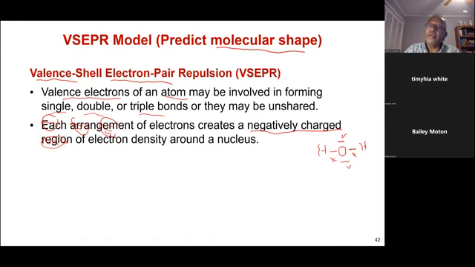Therefore, there are 2 lone pairs and 2 bonding electron pairs, a total of 4 pairs. We count all of them, double bond, single bond, just as an electron group, an electron collection. 4 electron pairs in the oxygen atom.